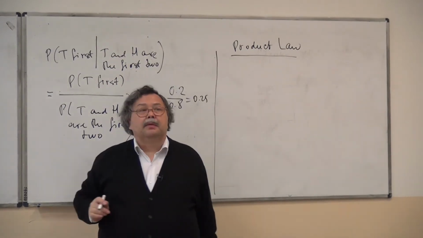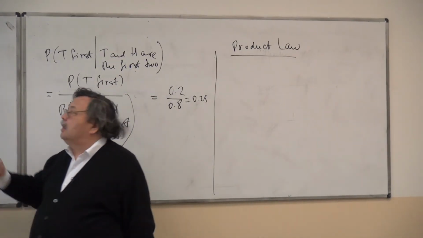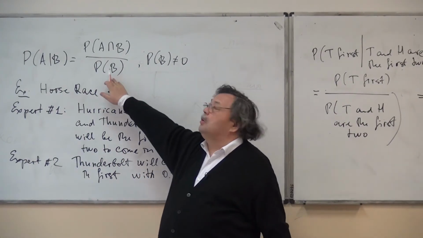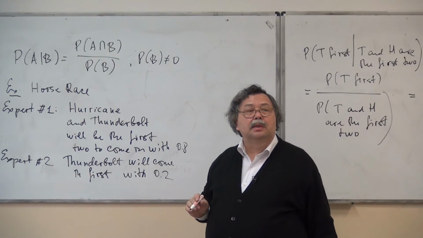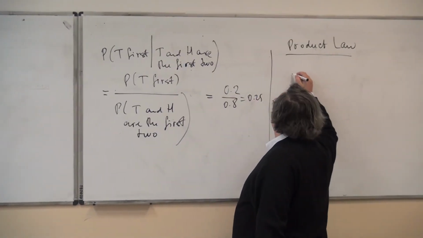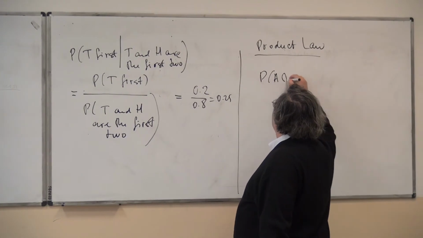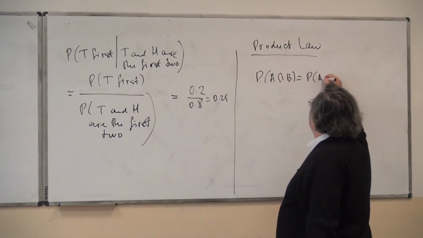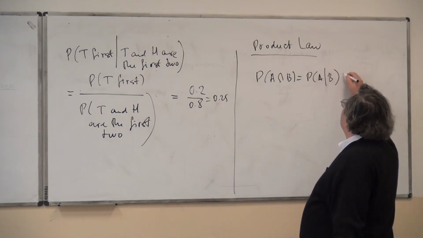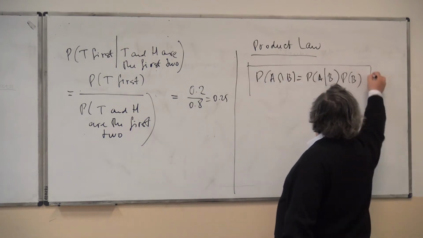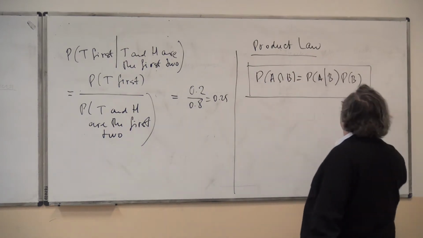We obtain something very important if we multiply each side of this equation by the denominator here, by the probability of B. The result can be written in this way. Probability of A intersect B equals probability of A given B times the probability of B. And this is a very important formula.